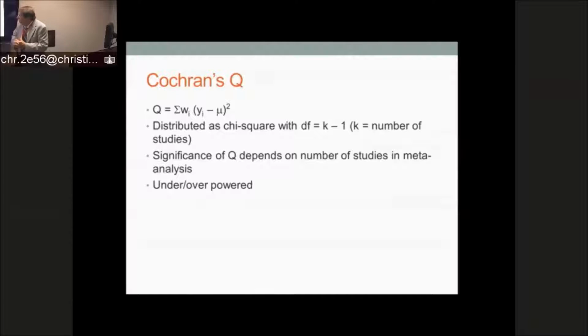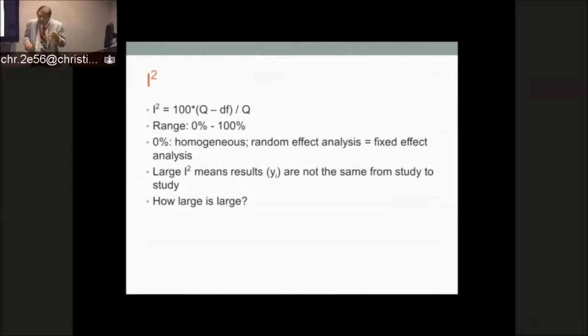So it's not particularly meaningful to talk about whether the Q statistic is statistically significant or not. What is considered more important to present in the meta-analysis is what's called the I-squared statistic.